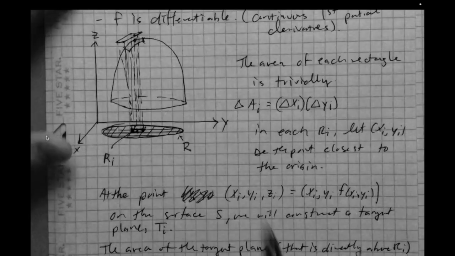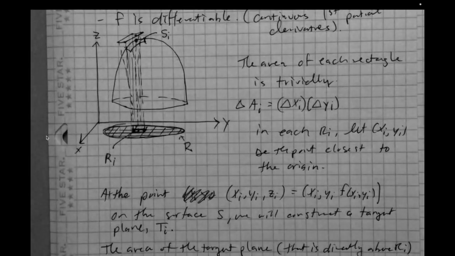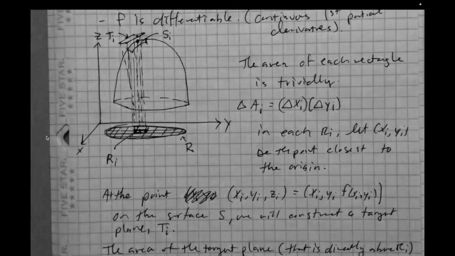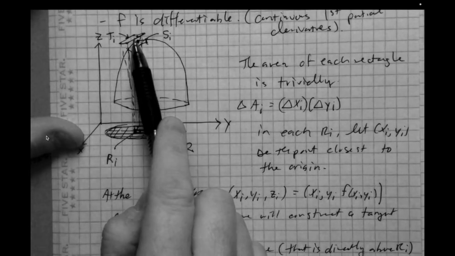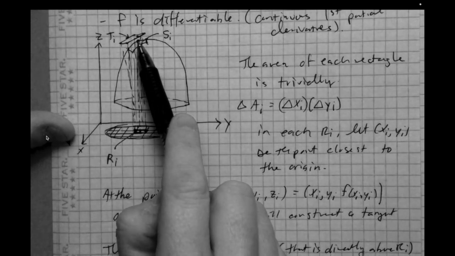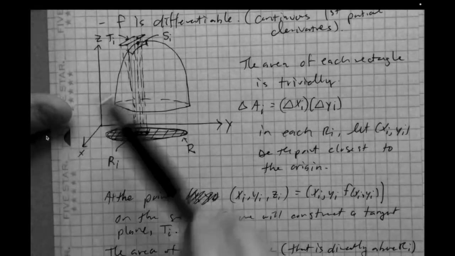Okay, and so we'll call that part of the surface Si. Just to keep these things straight, Ti is the tangent plane, Si is the surface subsection, and Ri is the subsection of the domain. All we've said so far is that this is a tangent plane built at this point on the surface, so it has the same inclination as the surface at this point.